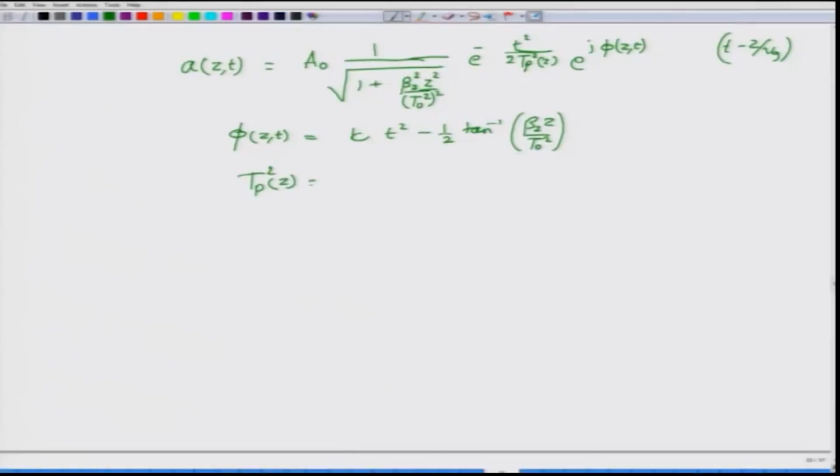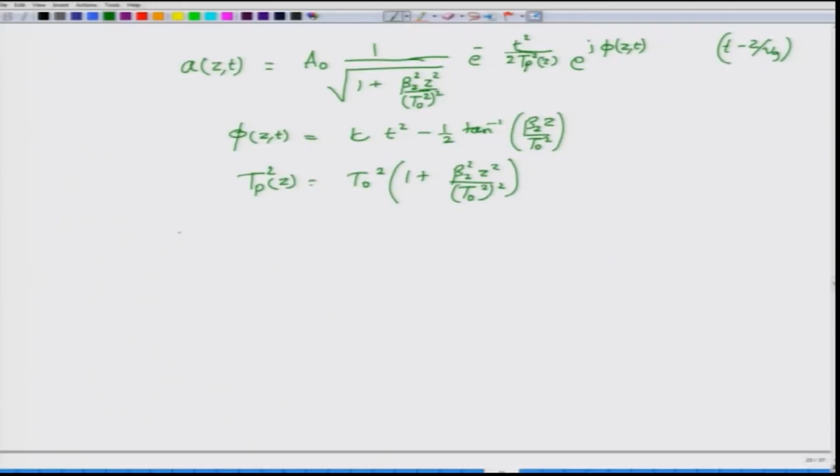This term is just a constant phase, constant only with respect to z: as long as you are looking at a particular point in z, this term will essentially be a constant. And this Tp square of z is actually given by t0 square times 1 plus beta 2 square z square divided by t0 square, the whole thing squared.